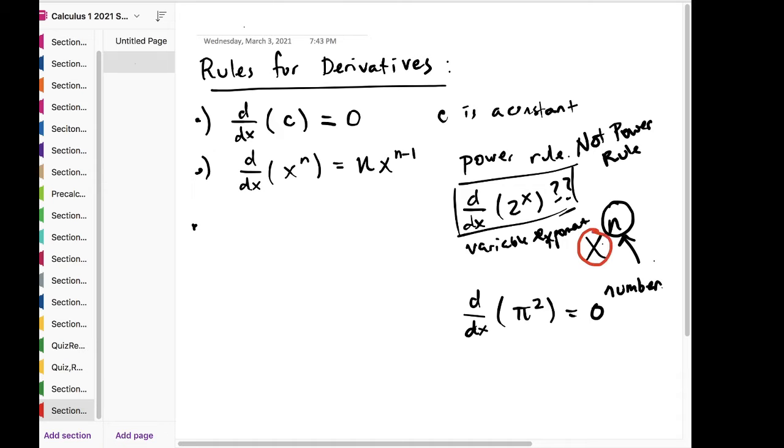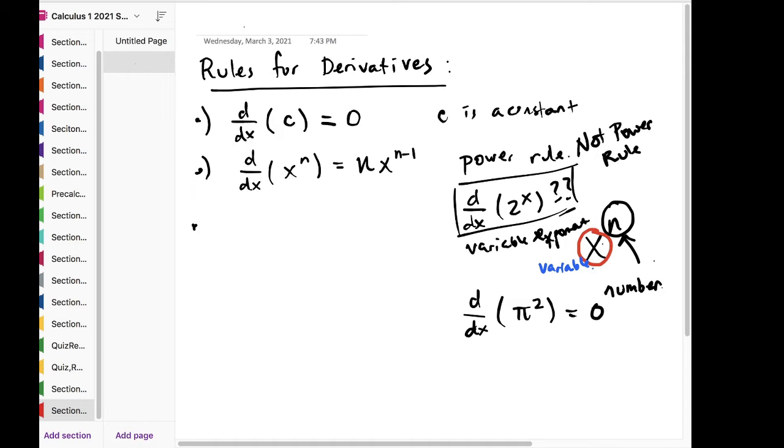For the power rule, this needs to be a variable. Yeah, that is ln of 2 times 2 to the x, yeah. We haven't really discussed why, but that will end up being that.